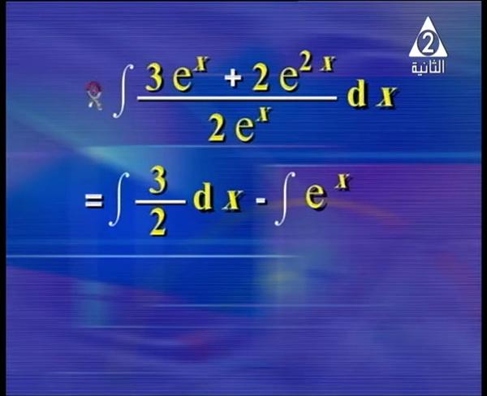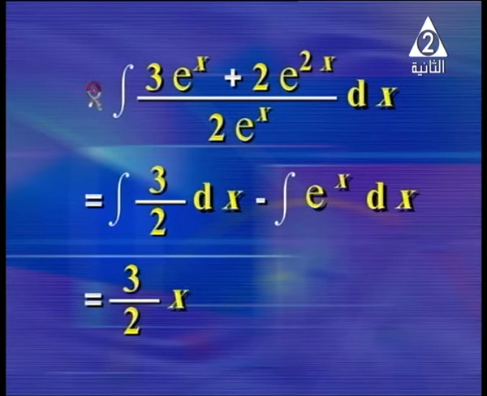We divide 3 e power x over 2 e power x, which equals 3 over 2 dx, and divide 2 e power 2x over 2 e power x, which equals e power x, and find the integration of each function. Integration of 3 over 2 equals 3 over 2 x. Integration of e power x equals e power x plus c.